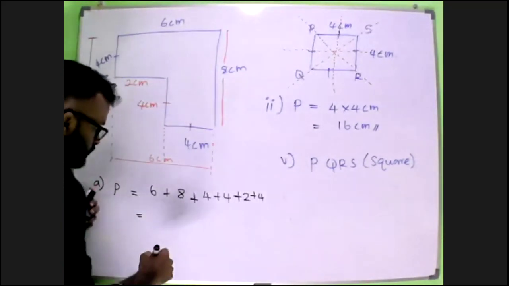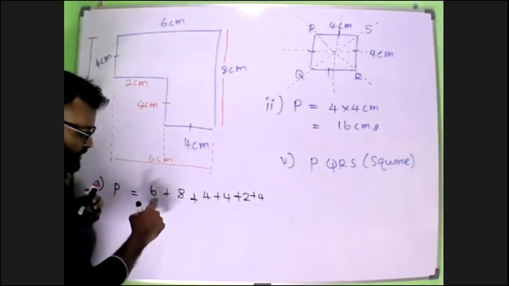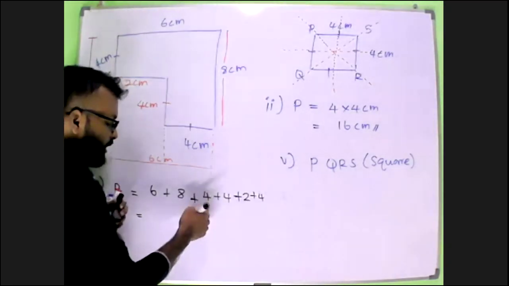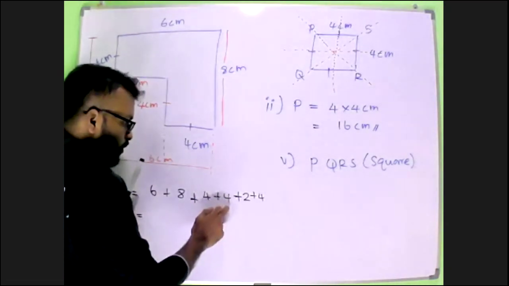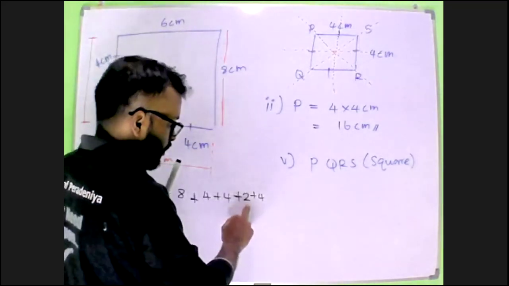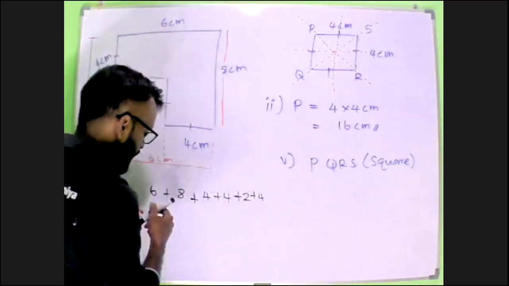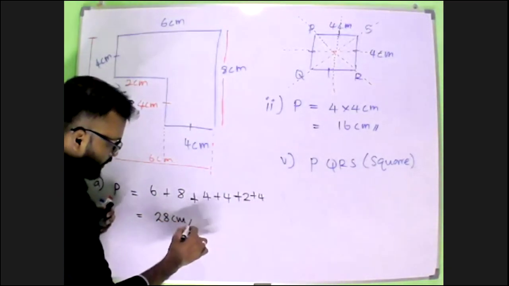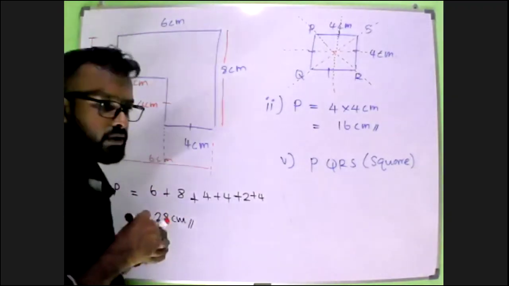Right? Then let's add: 6 plus 8, 14, 14 plus 4, 18, 18 plus 4, 22, 22 plus 2, 24, 24 plus 4, 28. The perimeter should be 28 centimeters, right?